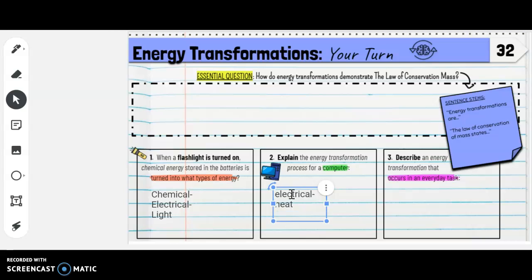There is also light, because the screen on your computer, that light is light energy. And there's one more. Actually, two more. The sound on your computer. We know sound comes from your speakers, so we have sound energy.